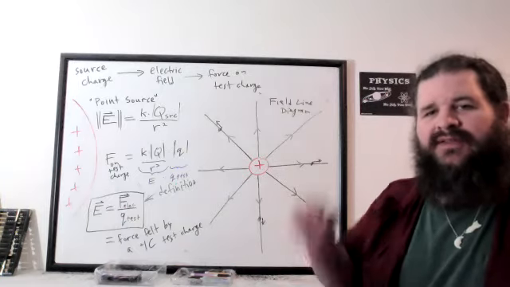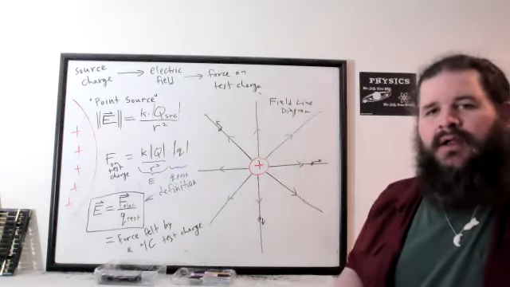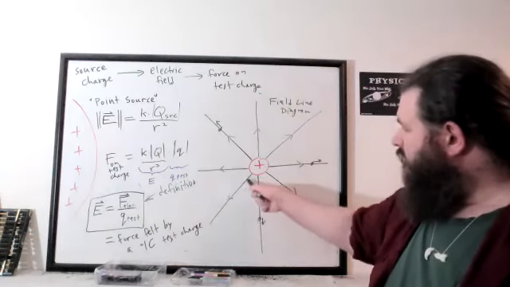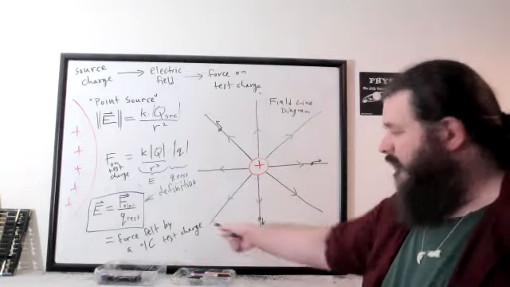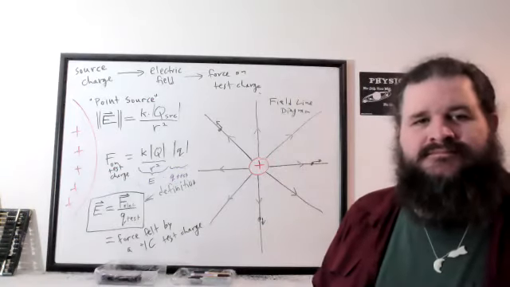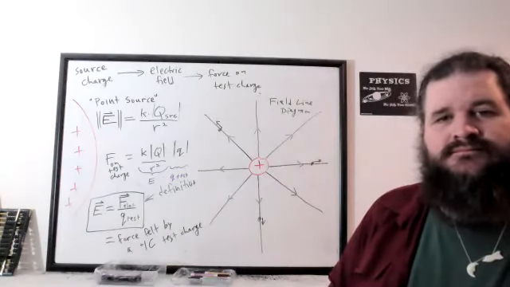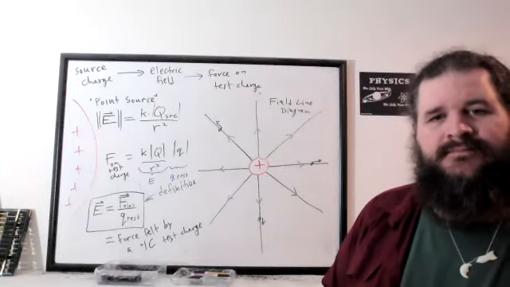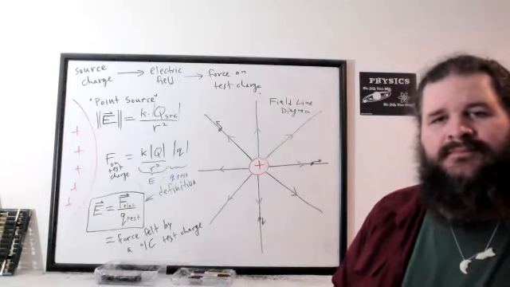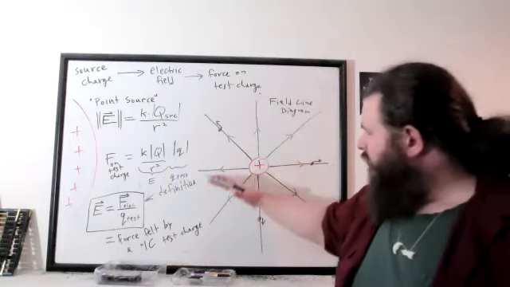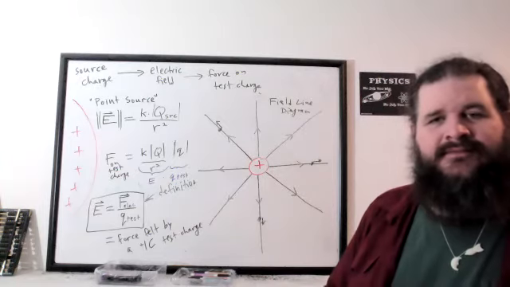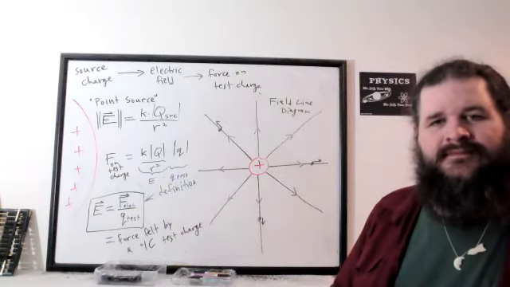We're no longer showing the size of those arrows, but we still have some information about magnitude, because what do you notice about the field lines close by and the field lines further away? As we get further away from the source, what do you notice about these field lines next to each other?